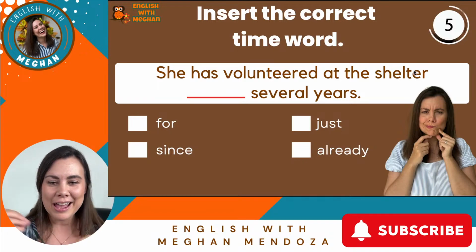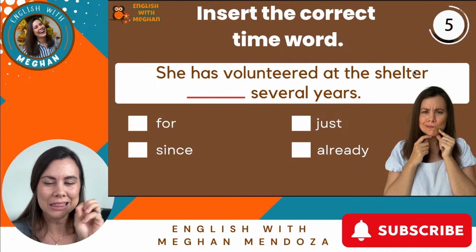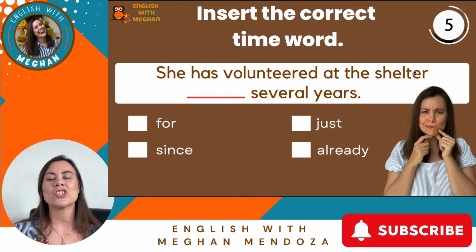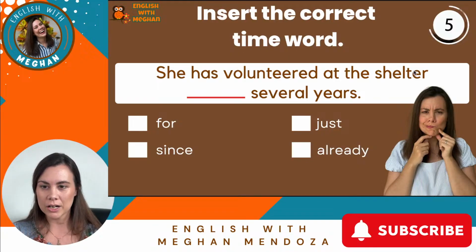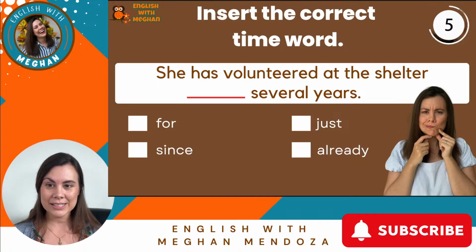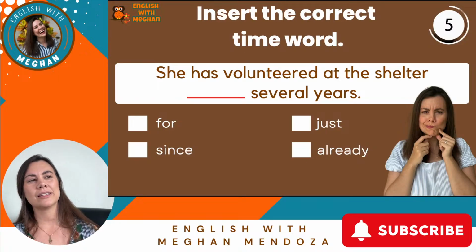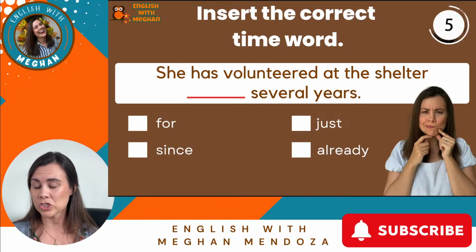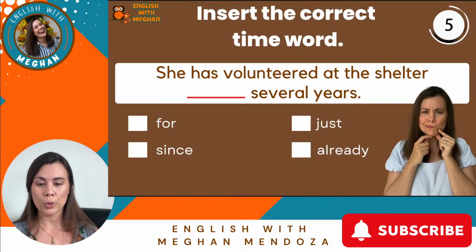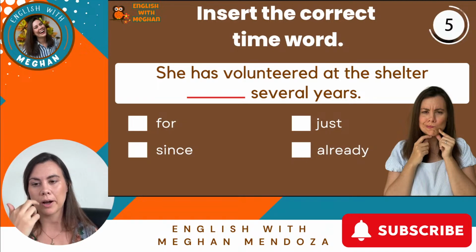But I like to add all the tips as we go. There's so many things to know, okay? So she has volunteered at the shelter. I actually had a student ask me today, what is shelter? What does that mean? And in this case, it is a place where people who don't have a home, they live on the street, they can go there and stay there or they can go have food there.